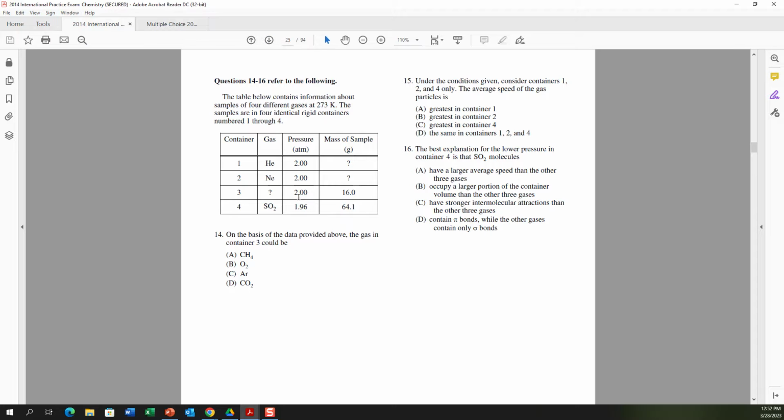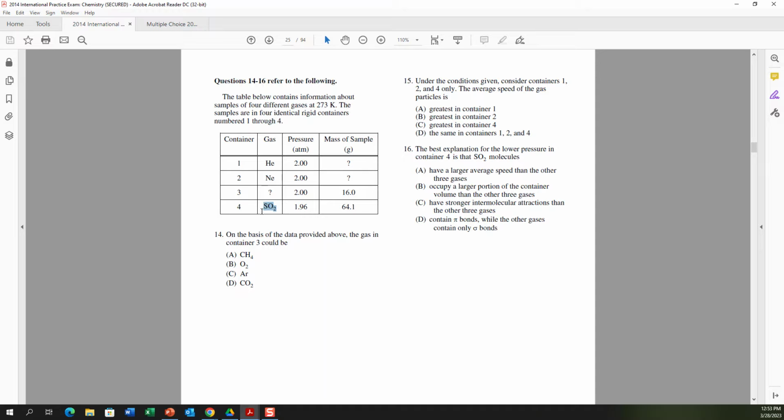So let's go to 14. Okay, the table below contains the information of the gases. So notice they're all at the same pressure. Now this one's a little bit less. But the key to note here, I think, is that sulfur's 32 and two oxygens is 32. So notice that the mass of the sample is basically the molar mass of this compound.